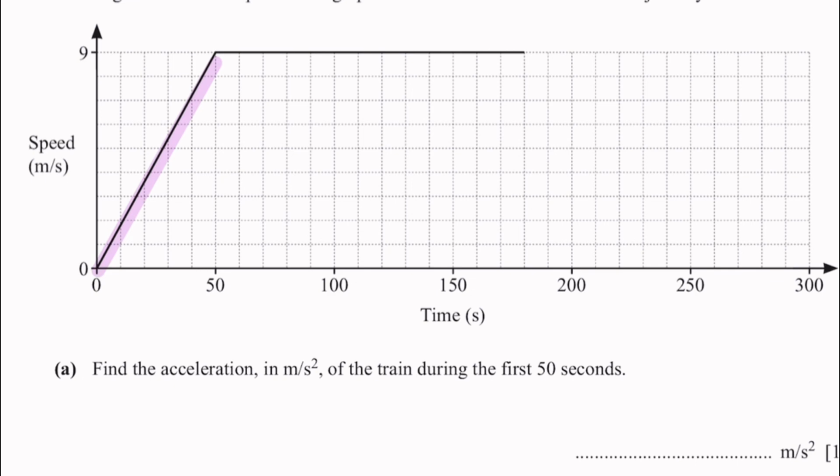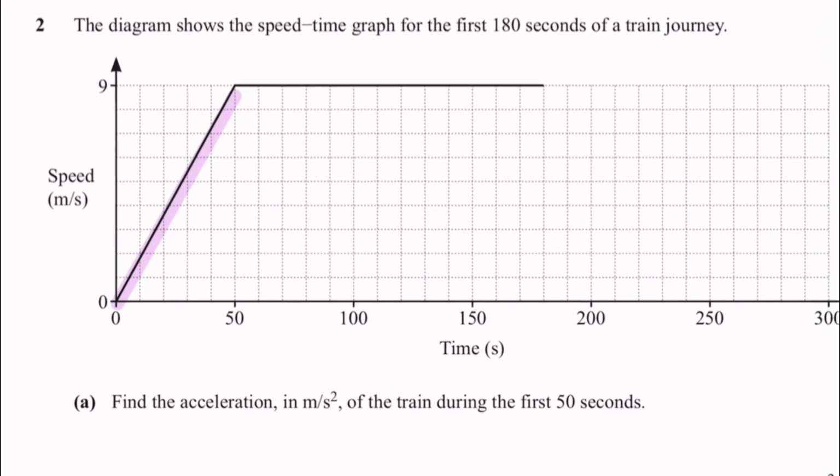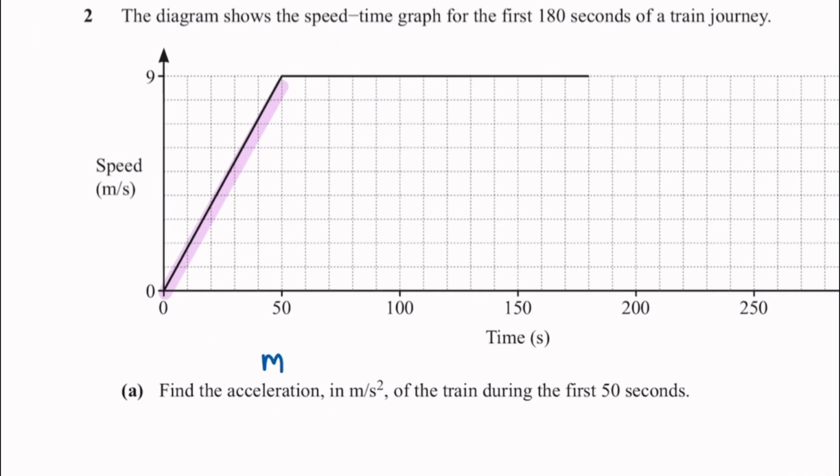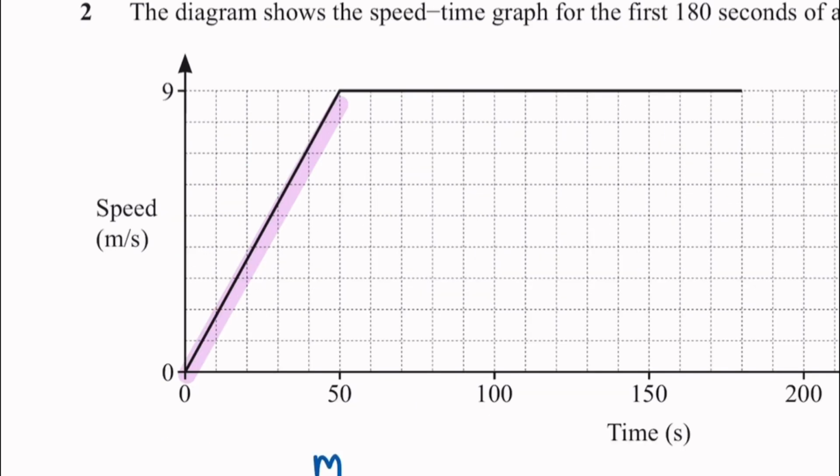So the acceleration is the gradient in this speed time graph. So gradient equals delta y over delta x.